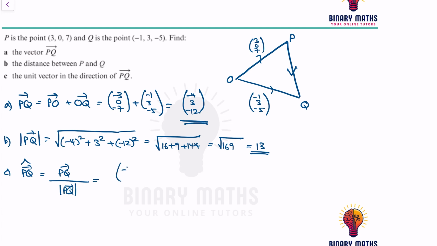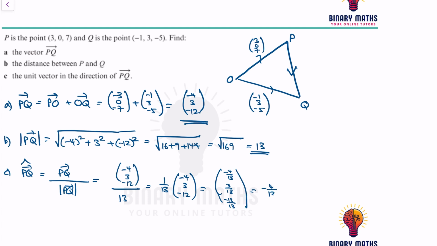So it's going to be minus 4, 3, minus 12 over 13, which is equal to 1 over 13 times minus 4, 3, minus 12, which is equal to minus 4 over 13, 3 over 13, and minus 12 over 13. And if I want to write it in ijk components, it's minus 4 over 13 i plus 3 over 13 j, minus 12 over 13 k.